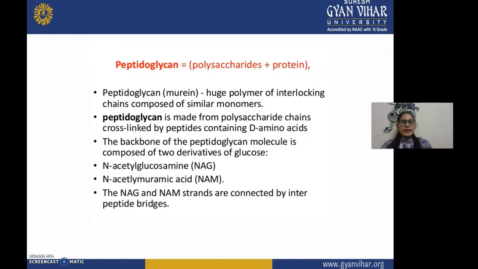Peptidoglycan is made from polysaccharide chains that are cross-linked by peptides containing D-amino acids, and the backbone of the peptidoglycan molecule is composed of two derivatives of glucose, and that is N-acetylglucosamine, that is NAG, and N-acetylmuramic acid, so NAM. So the NAG and NAM are connected by interpeptide bridges.